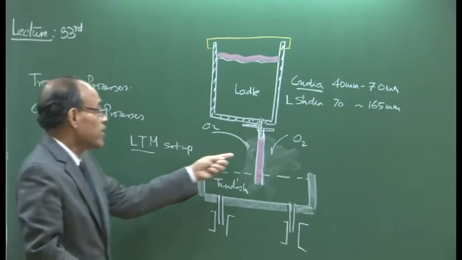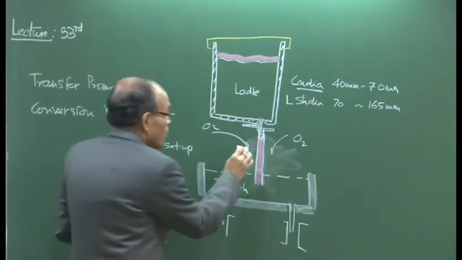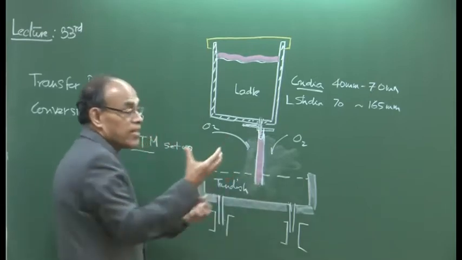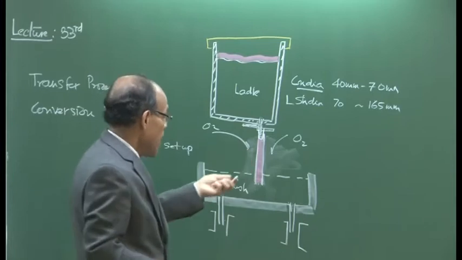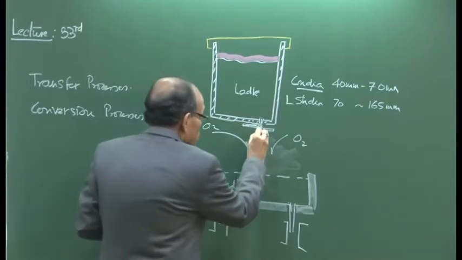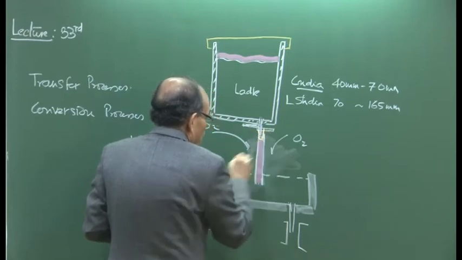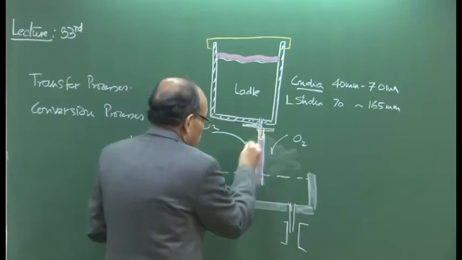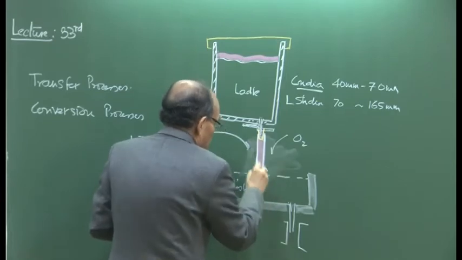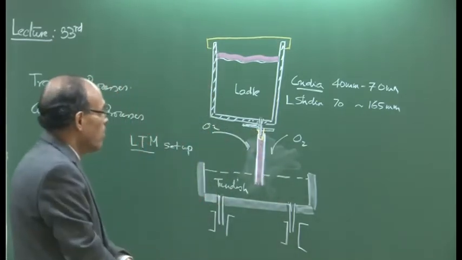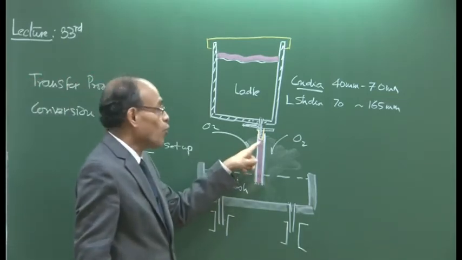That is why the ladle shroud has been used, but yesterday I mentioned to you that because it is a cup and cone joint between the collector nozzle and the ladle shroud, so this is our collector nozzle and this is our ladle shroud wall, and there is a mechanical joint through which we are flowing molten metal.